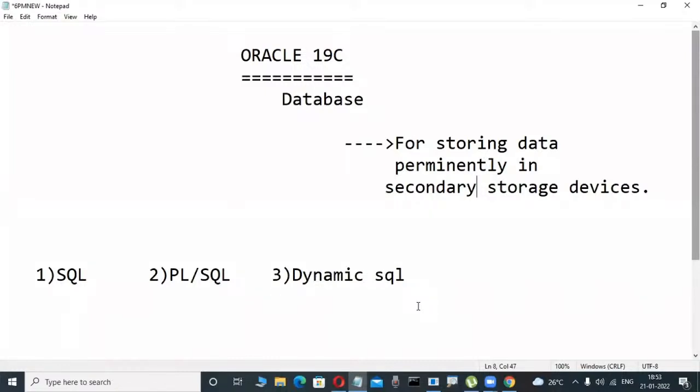ETL developers always need subqueries, joins, materialized views, indexes, partitions, some concepts. Analytical functions like rank, dense rank, lag and lead are required, and PL/SQL stored procedures. Just before 10 a.m., 3 batches are there, because some syllabus is already going on.